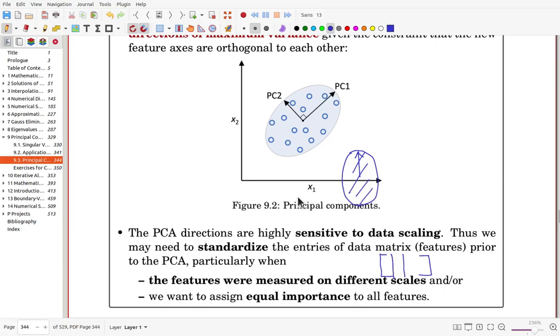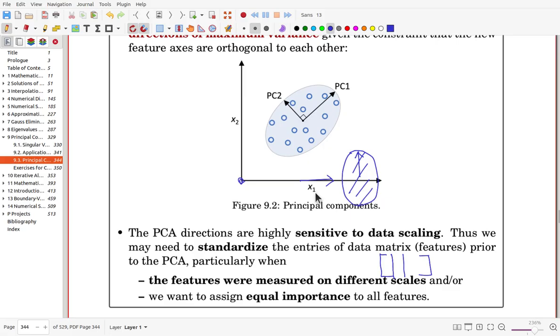However, if you are measuring the variance from the origin, now everything is on the right side, so once you try to work on this data set without any translation, if you apply PCA, then your first principal direction will be that direction.